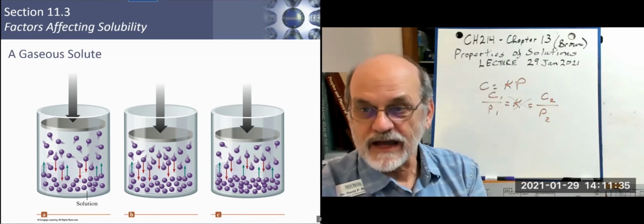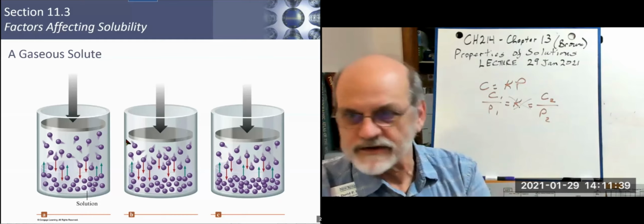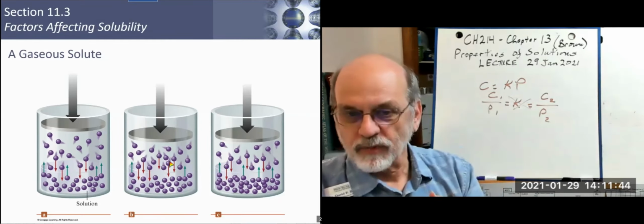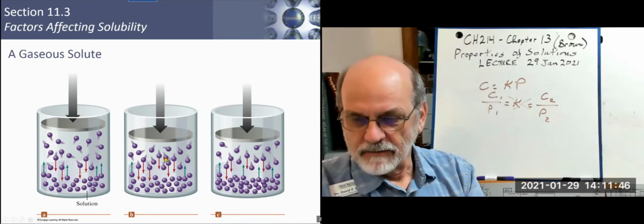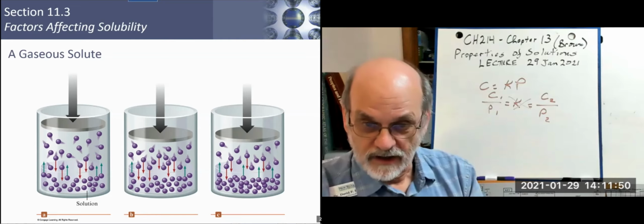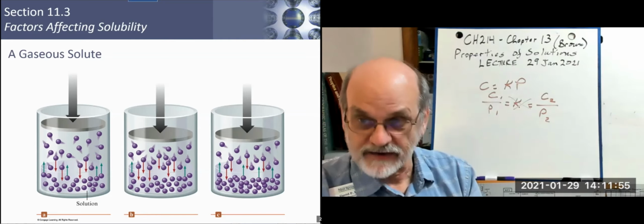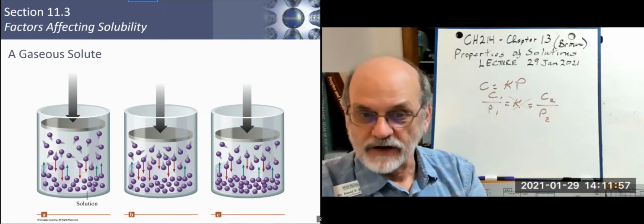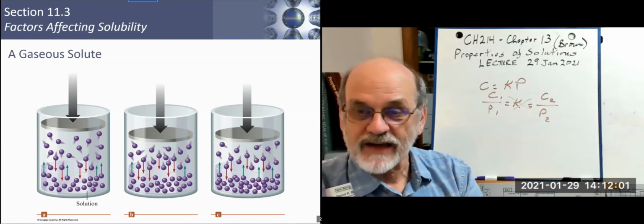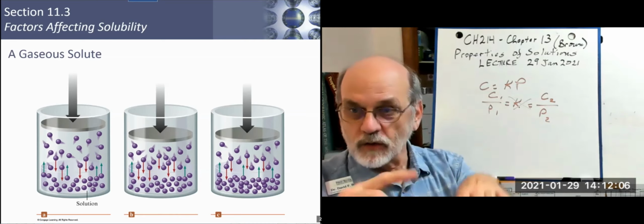This is a Le Chatelier's disturbance, right? We have disturbed an equilibrium system. So what is it going to do? Temporarily, the rate at which gas enters solution is increased to a rate higher than the gases leaving the solution, until you have reduced the number of gas molecules in the headspace to a point where you're at equilibrium again.